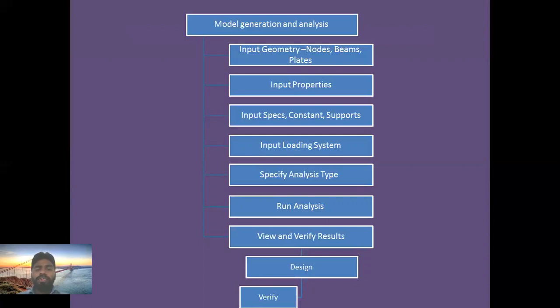You have to include properties like M20, which grade of cement is there, which grade of steel is there, and what type of composite material is there. You have to assign the property to the element. Next is to input constraints and supports, meaning you have to give the support condition, whether simply supported, overhang, or whatever, as the third step.